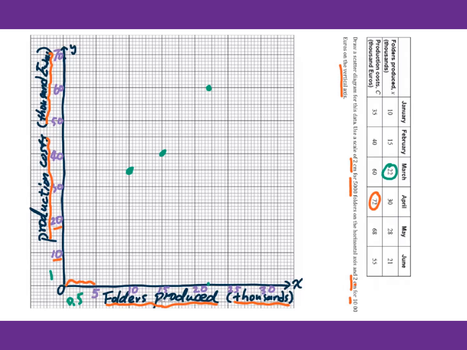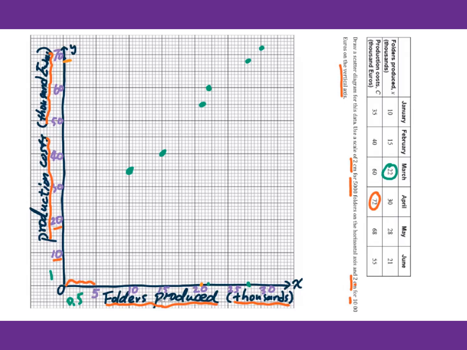So you have to figure out the scale. 28 will be here. This is the one, 28. For 68 is here. 21 will be here. 55, it's easy here.